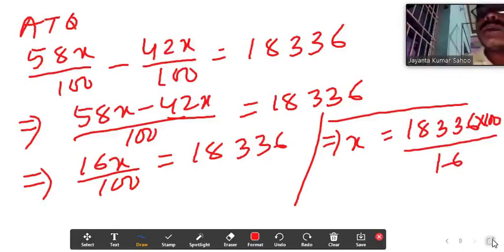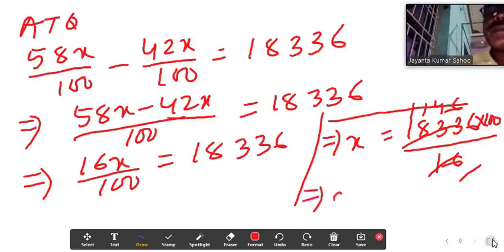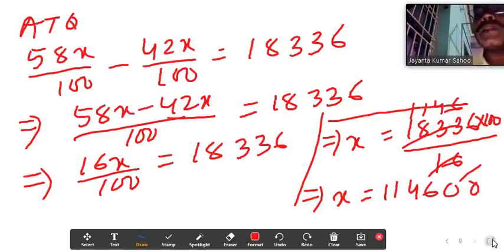We can cut now: 16 1s are 16, 16 1s are 16, then 16 4s are 64, then 16 6s. So x comes to 1,14,600, that is the total number of votes polled.